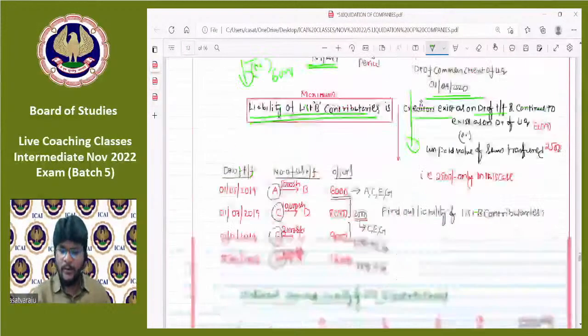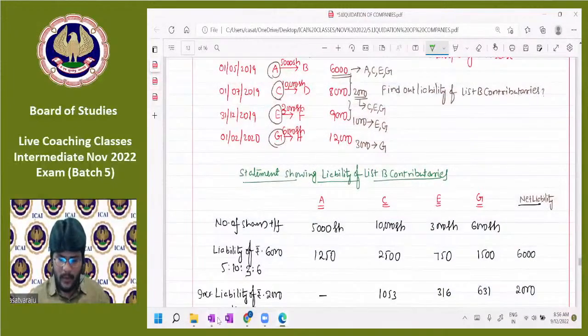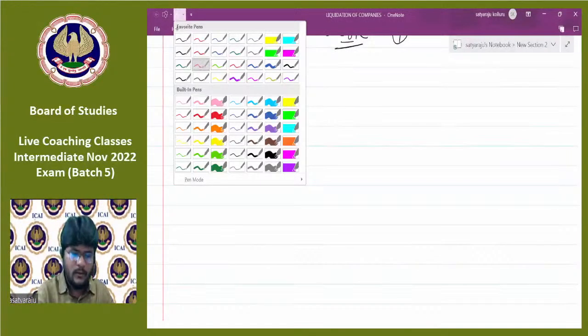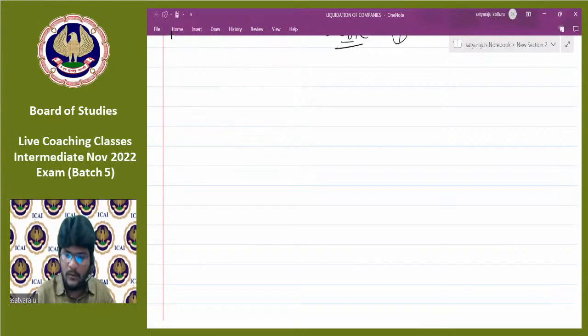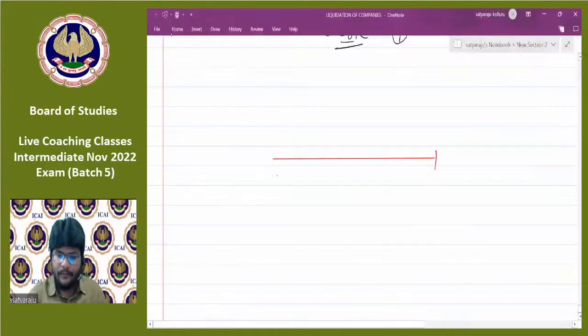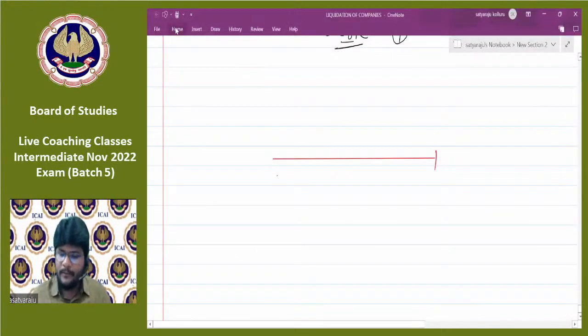So the first point here you need to understand is the date of liquidation was clearly given: April 2nd, 2011. 2/4/2011 is the date of liquidation.